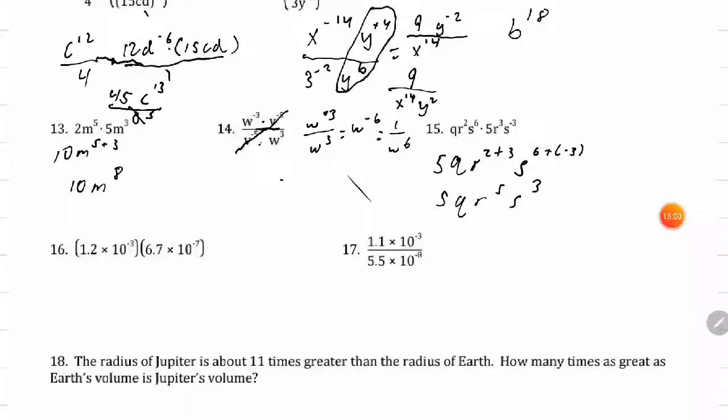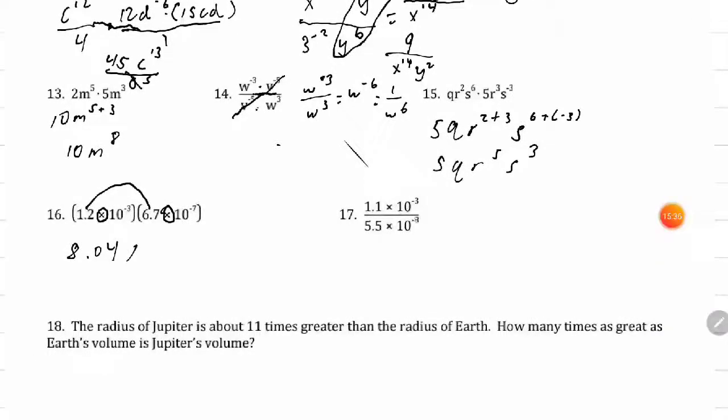Okay, 16. Working with some scientific numbers, but everything's being multiplied together, so it's okay. So what I'm going to do is take 1.2 and 6.7. Remember, there's not a plus or minus sign here. I am not FOILing. Everything's being multiplied together, so I'm just going to multiply my numbers together, my 1.2 and 6.7. And I'm going to get, calculator, 8.04. Okay.